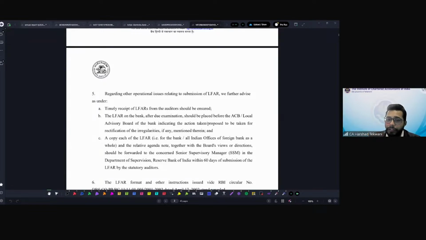First, we need to understand the requirement with respect to CRR or SLR, how banks are required to calculate these ratios, because percentage is one thing, calculation of these ratios is another thing.